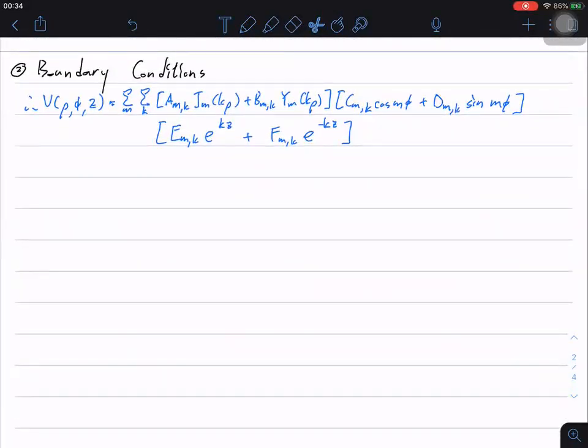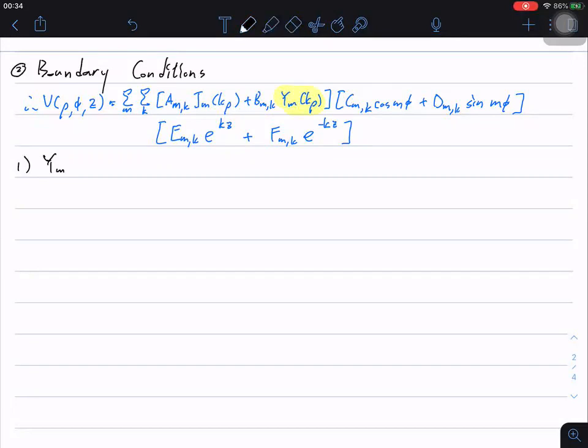Okay, so the first boundary condition is actually not necessarily a boundary condition. The first thing you may notice is that in the general solution, we have the Bessel function of the second kind here.